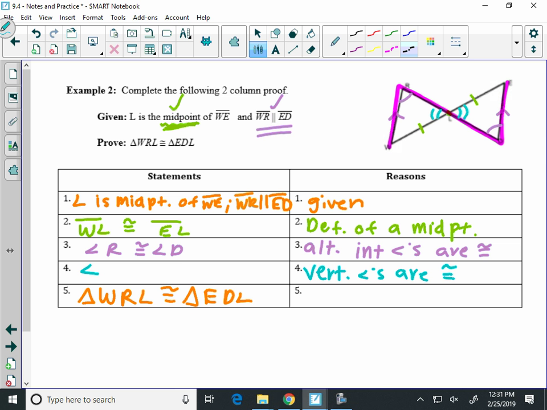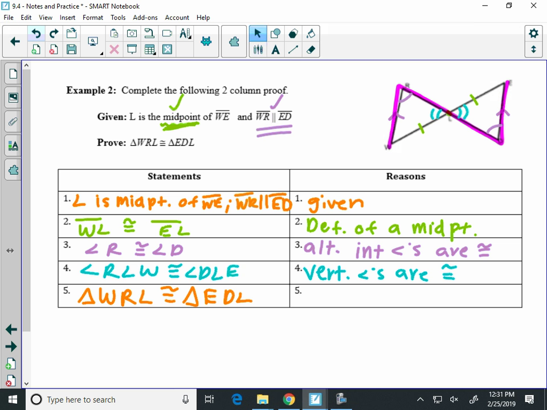I went from 1 to 2 to 9. Angle RLW is congruent to, how do we have to name the next one? Angle BLE, 1 to 2 to 9.